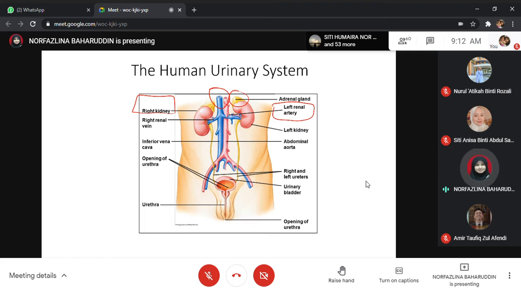Nanti ambil medik you tengok lah yang actual punya, your human punya. Okay, so yang ni you boleh nampak dia punya flow dia. You kena tengok semua ni apa, ureter, urinary bladder, and the last one is urethra.